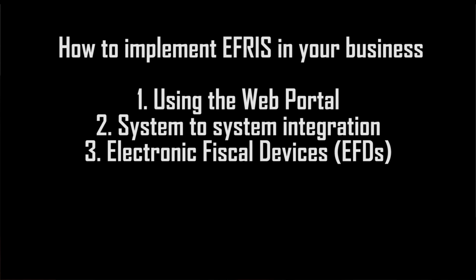Then there is what we call the electronic fiscal devices. Now the electronic fiscal devices are basically for people who do cash sales, only that at the time of making this video, the electronic fiscal devices have not yet been implemented, but it is also underway.